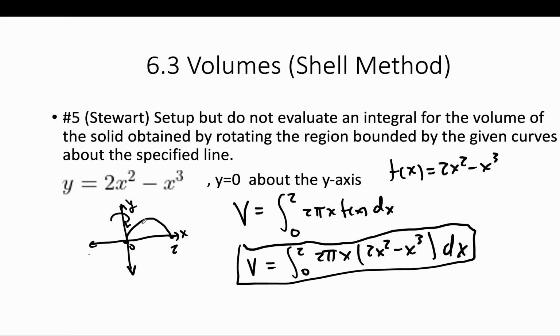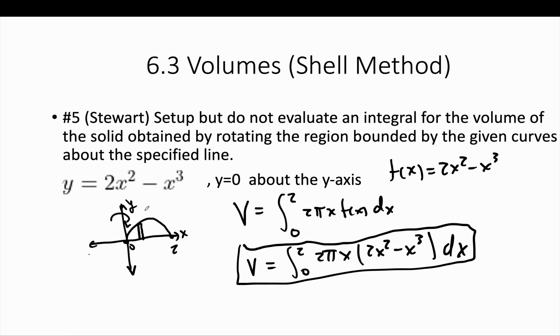This solid of revolution, what would it look like? Well, here's our representative rectangle. It would kind of look like a saucer of some type if we had rotated this around the y-axis.